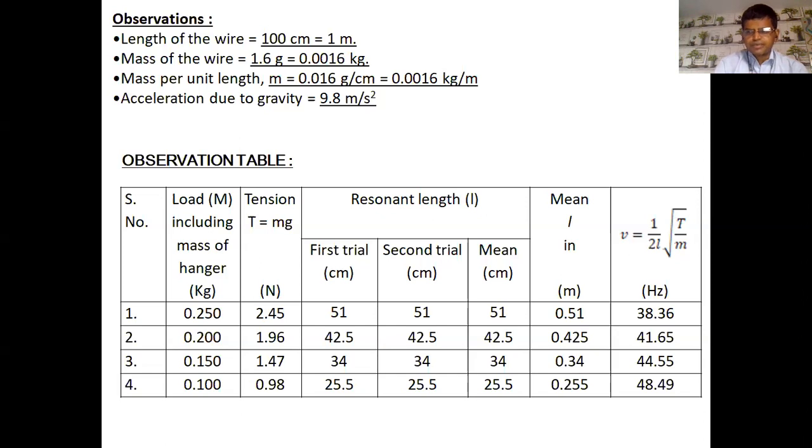But be careful, because I know that last time in 11th science some students were confused about how to plot the graph. So friends, whenever you have any type of query, please call me personally.